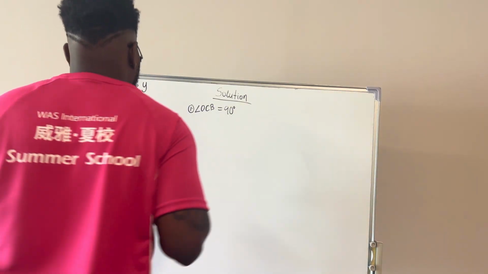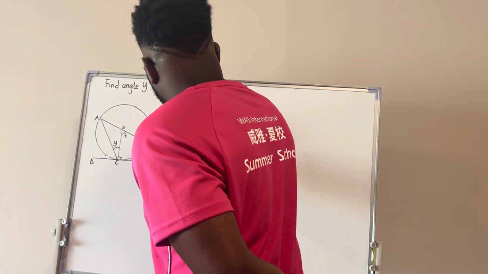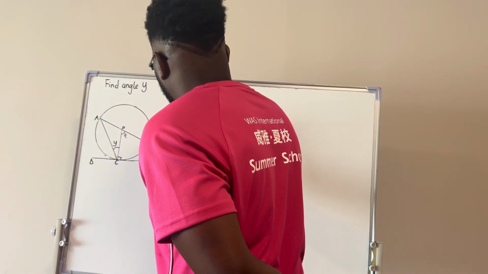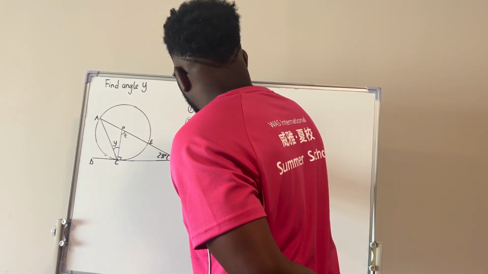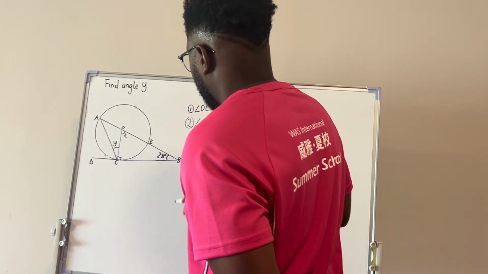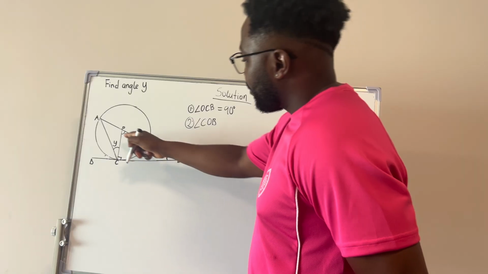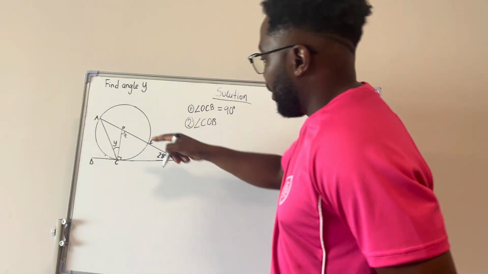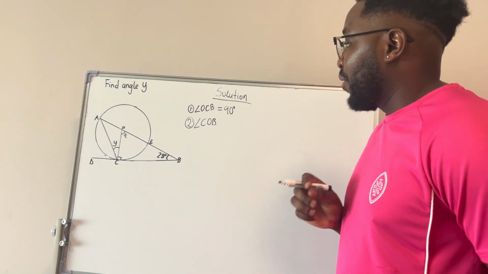So our second step will be finding angle COB. We already know that angles in a triangle add up to 180.